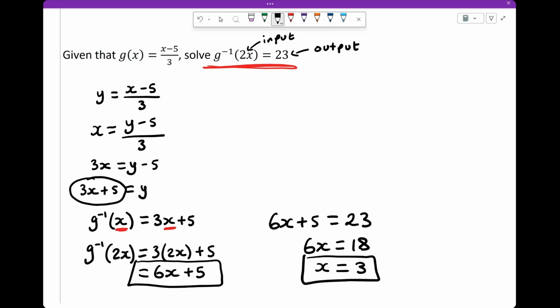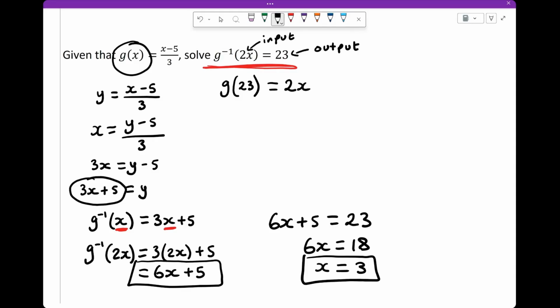Now, the relationship between a function and its inverse is that the inputs and the outputs swap. Therefore, I could rewrite this equation where the 23 is the input into the original function g of x, and the 2x is the output. So what I could write is that our original function g of 23 would be equal to 2x.